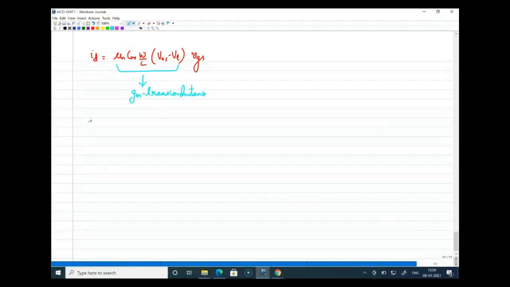That means I can relate the small signal current to the small signal voltage by this term, small gm. That is why we call this the first small signal parameter. In analog circuits, you would have solved many problems to calculate small signal parameters, and this is one of the main small signal parameters.